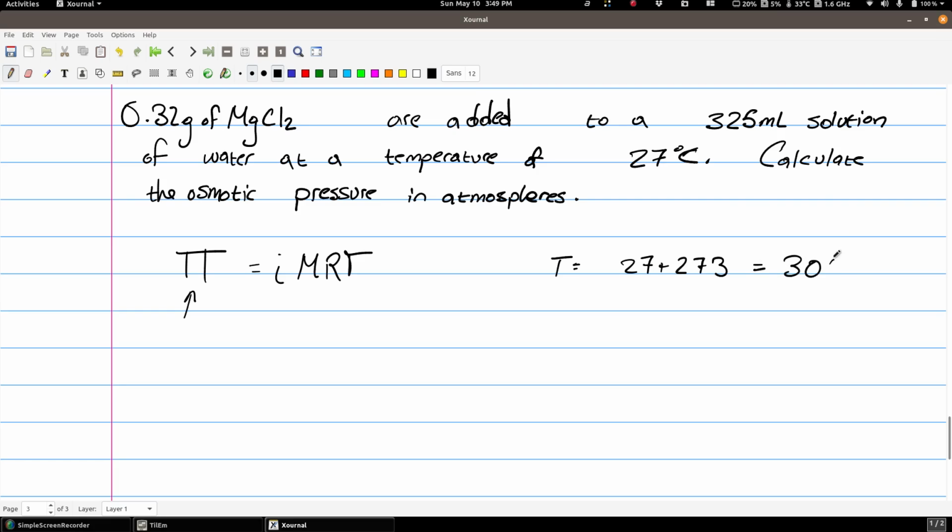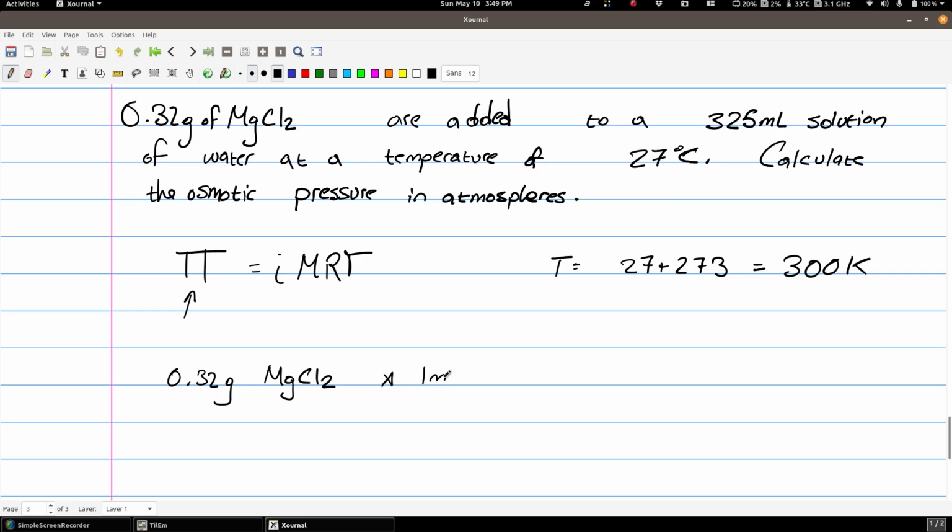So you have 300 Kelvin. We have to figure out our molarity. So you have 0.32 grams of magnesium chloride. You have to convert that to moles. So I'm going to do that real quick on my calculator to figure out the molar mass. So the molar mass is 95.211.